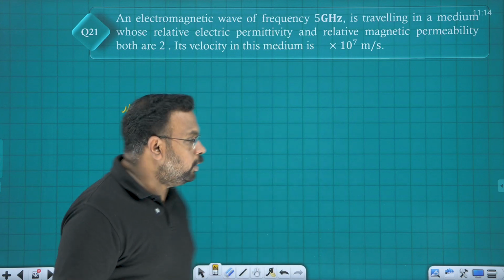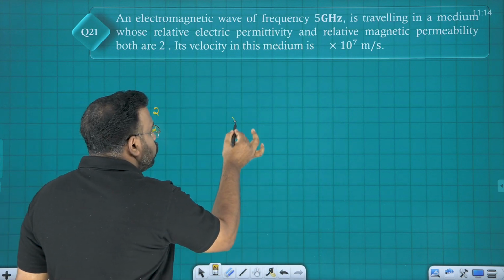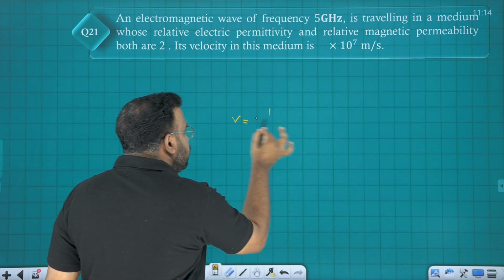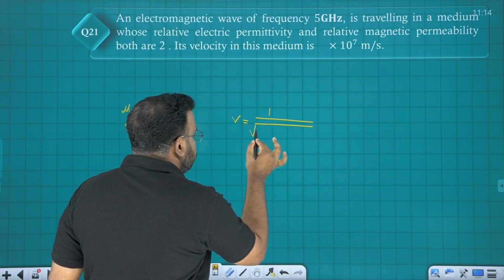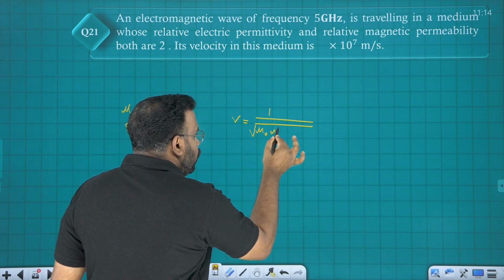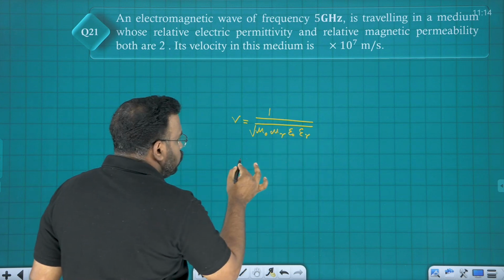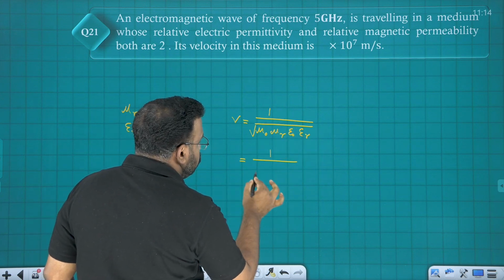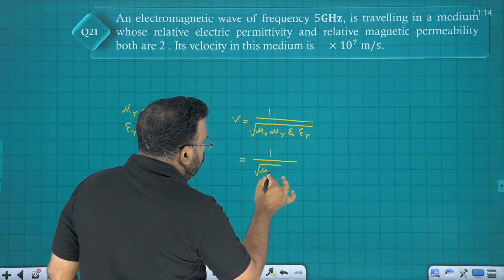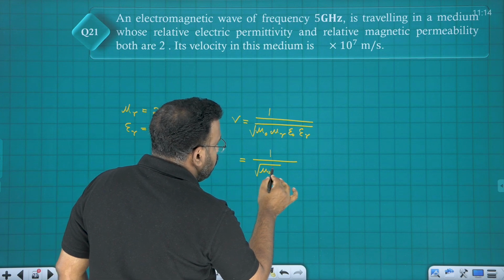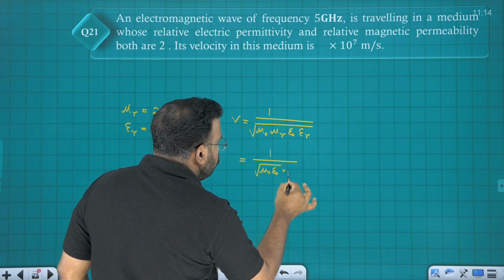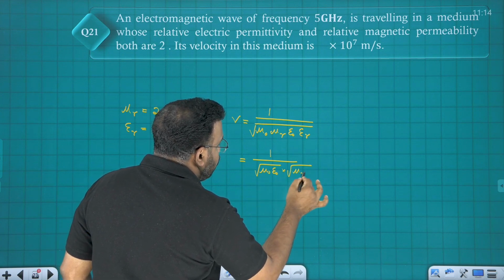That's the question. So V is equal to, what is the formula? V in a medium is 1 over root of mu naught mu r epsilon naught epsilon r. So if you are rewriting it, we can write it as 1 over root of mu naught epsilon naught into root of mu r epsilon r.